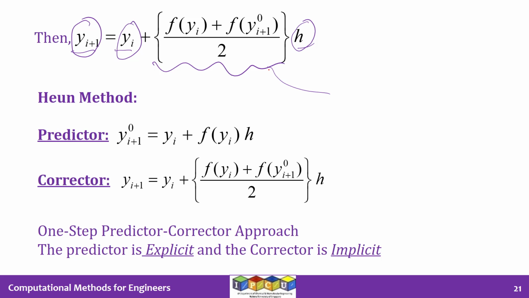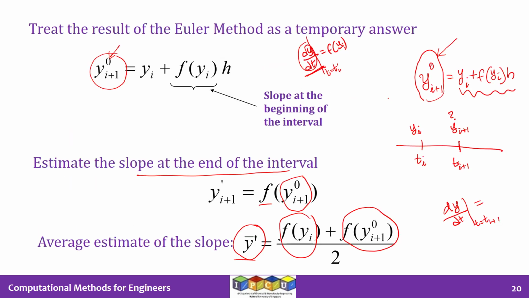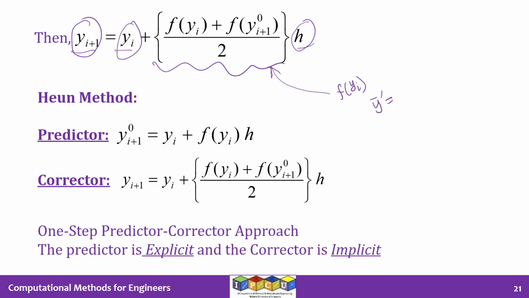Only thing what we do here is change that from f(y_i) to the average slope y bar dash. And y bar dash, as we saw in the previous slide, is going to be f(y_i) plus f estimated at the value that is provided by the Euler's formula, divided by 2.